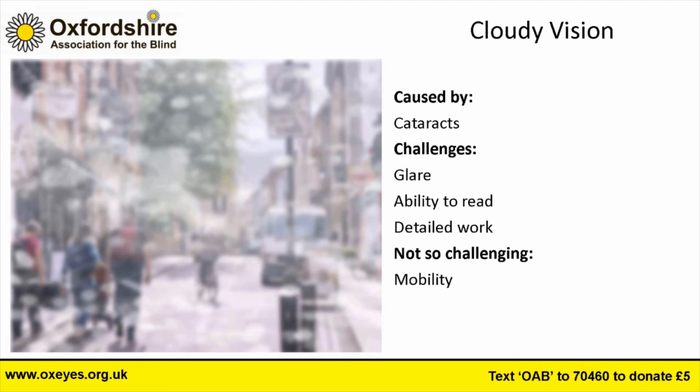Cataracts can be dealt with, not always, but can be dealt with pretty quickly. I think it's one of the most common procedures in the UK under the NHS. Certainly high up there. They're doing hundreds of thousands a year of these cataract operations, and I think it's actually the number one cause of sight loss worldwide.